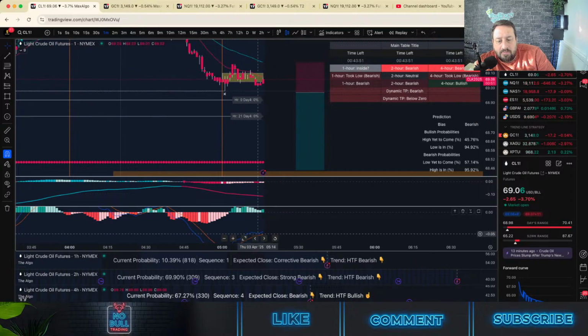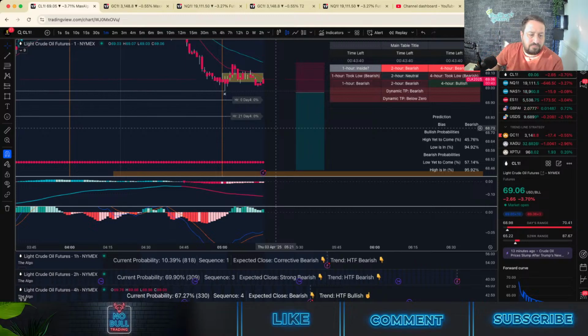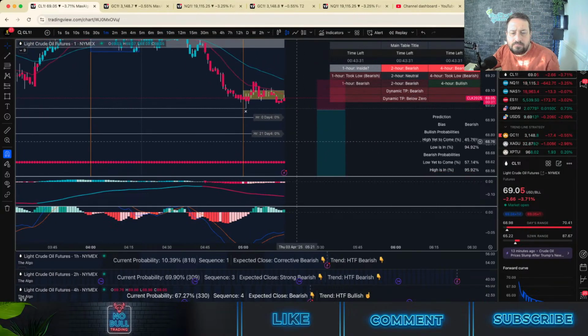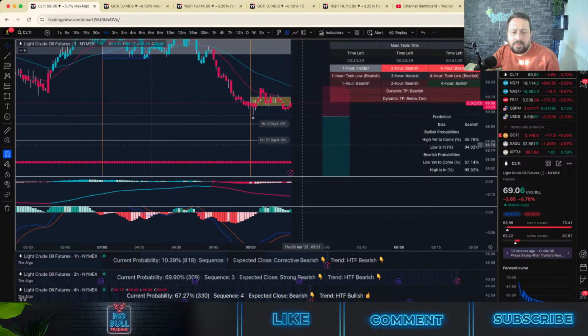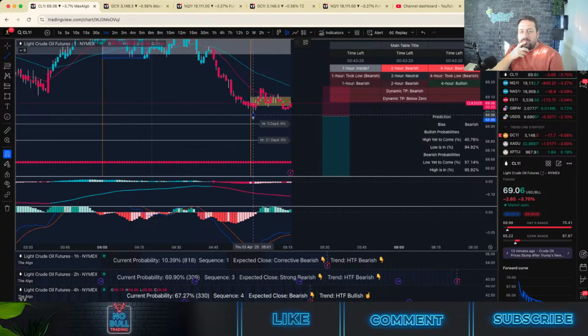Said it looked like we were going to bounce. Gap. Let's just wait. If you want to try and capture a cheap trade, that's fine. But so you could look at it this way, right?